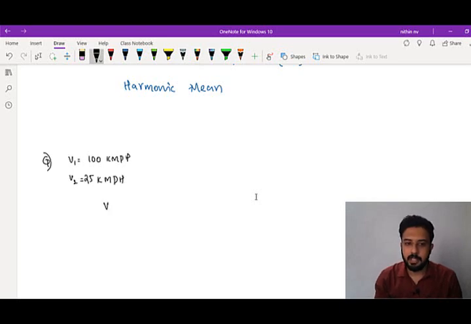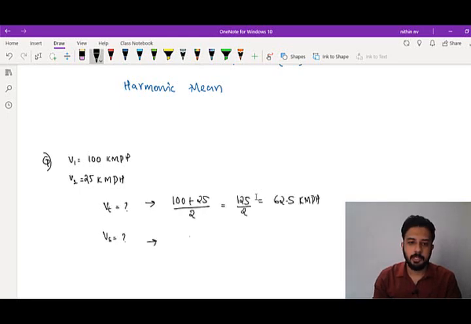So what will be the time mean speed? What will be the space mean speed? You just calculate. I also don't know the value as of now. No need to pause the video. You can calculate along with me. So what will it be? 100 plus 25 divided by 2. And this will be 2 divided by 1 by 100 plus 1 by 25. Correct?